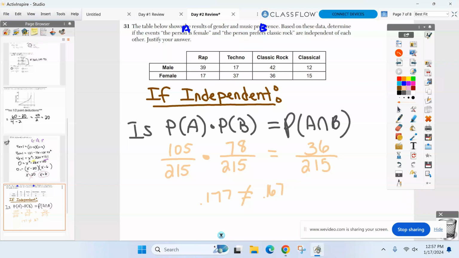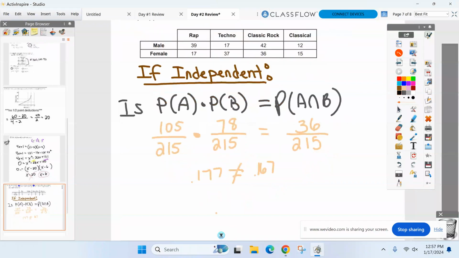Or no. And it says justify, your work is good enough for us. Get the probabilities from the table. Anything you want to ask?